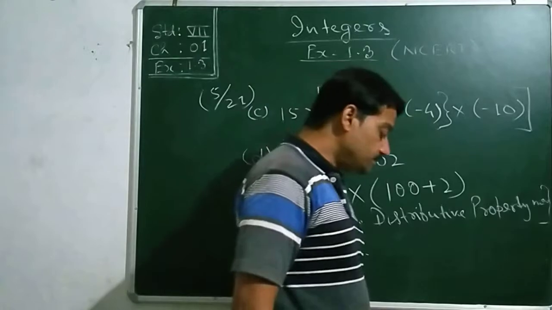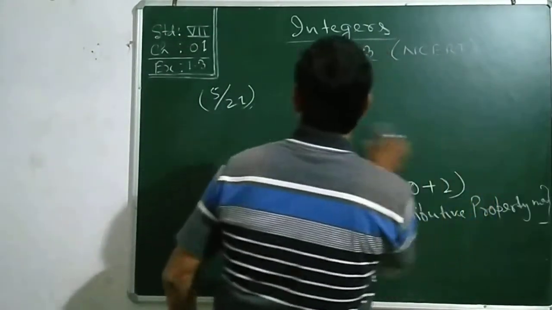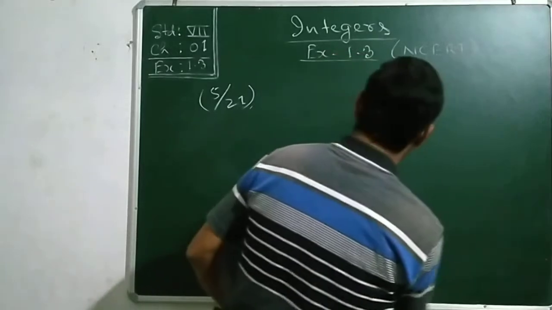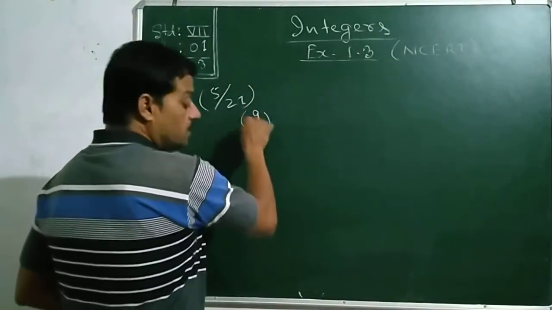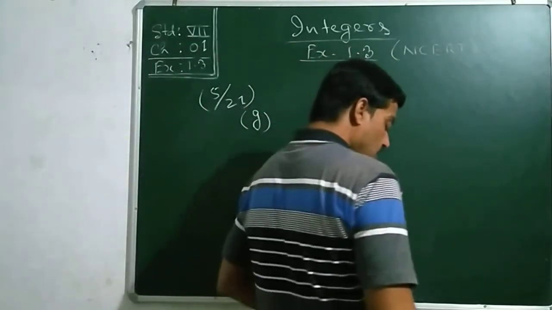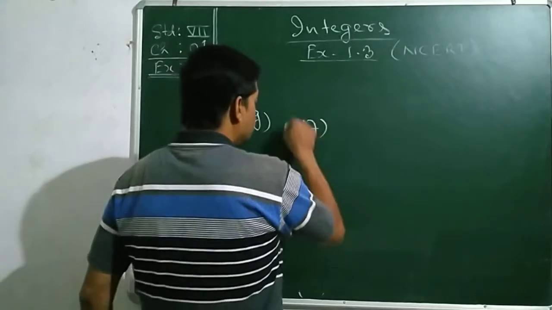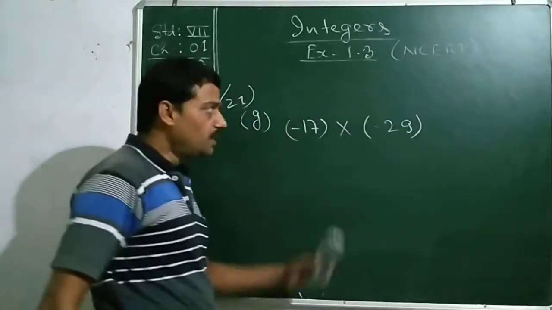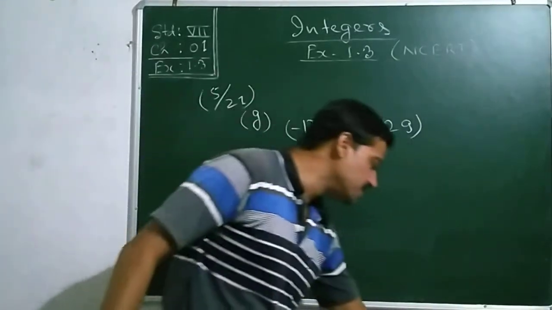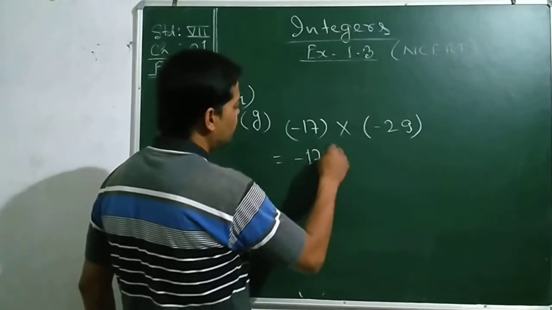Come to the G number. I am giving you some hints for the G number. Minus 17 into minus 29. Instead of multiplying by 29, see, if we use distributive like this, it would be convenient.